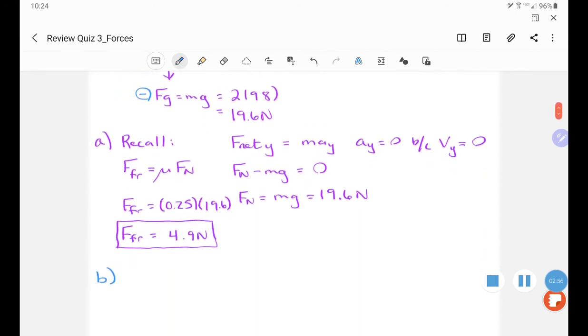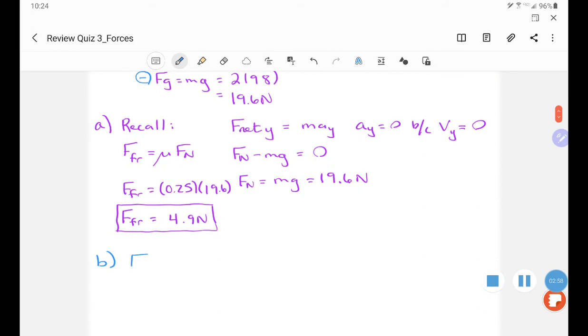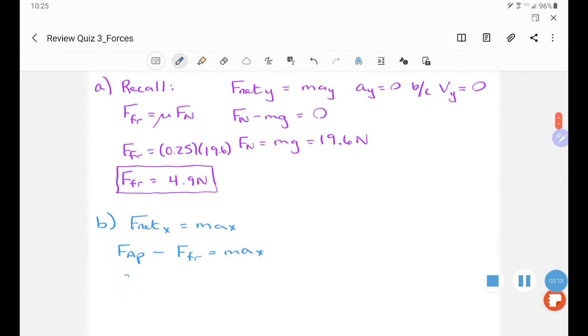So we'll write out F net in the x direction. We have applied force that's positive and friction that is negative. That is equal to m a_x. So a is going to be applied minus friction divided by mass.